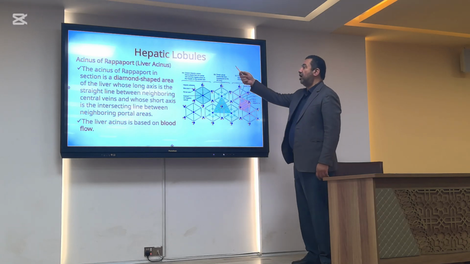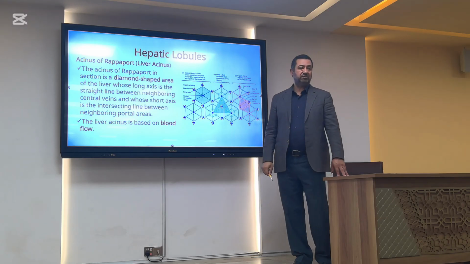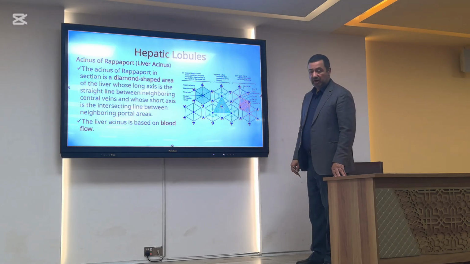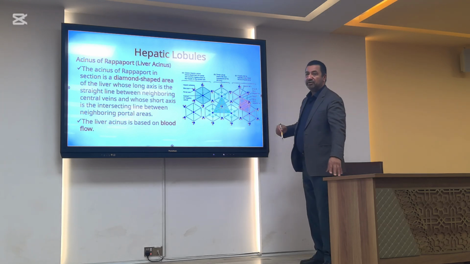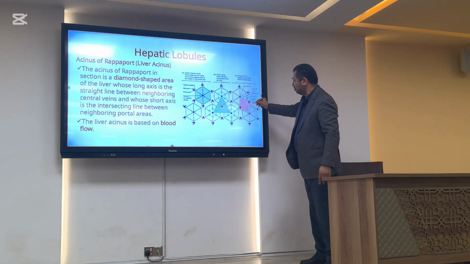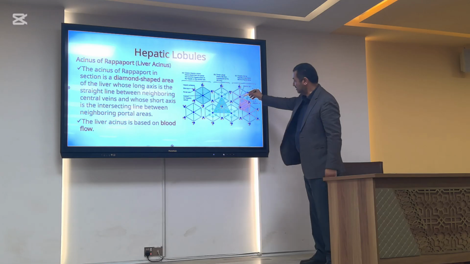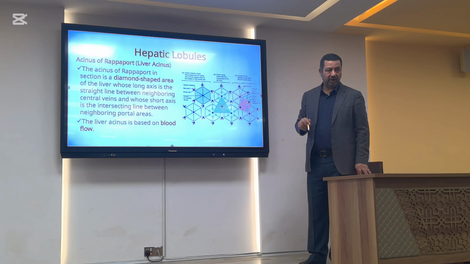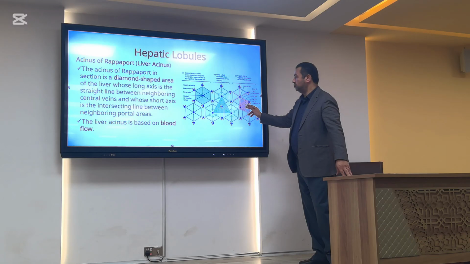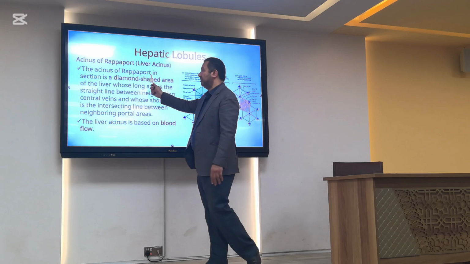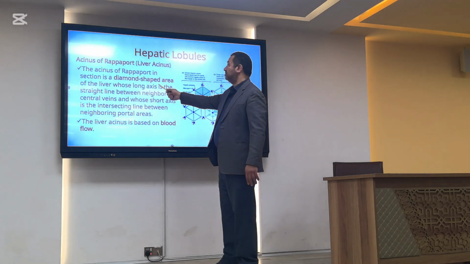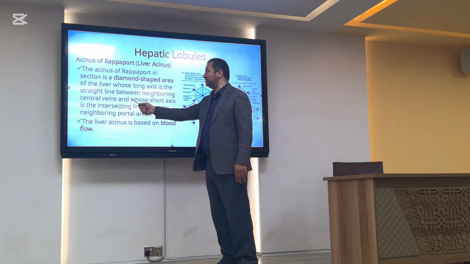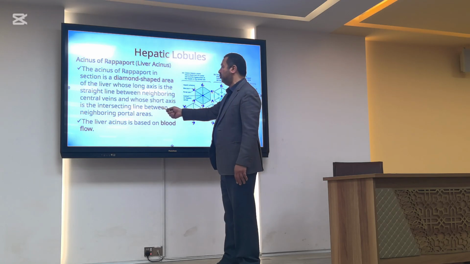Another classification of lobules is the acinus of Rappaport, or liver acinus. The liver acinus is a diamond-shaped part whose long axis is the straight line between two neighboring central veins, and whose short axis is the intersecting line between neighboring portal areas, from one portal area or Kiernan space to another.